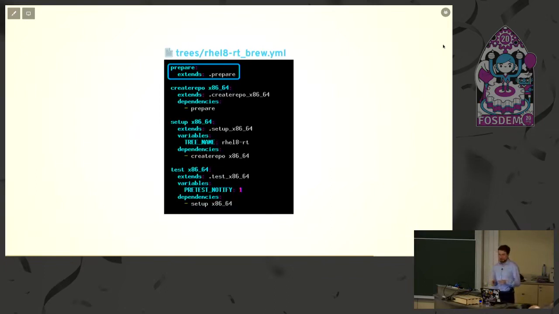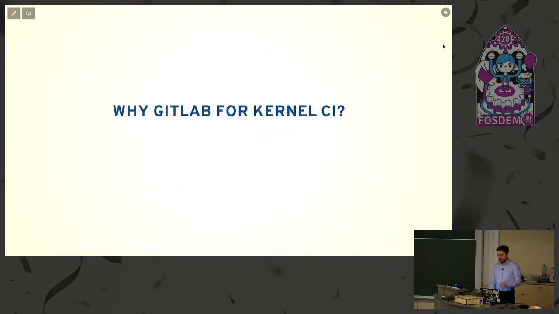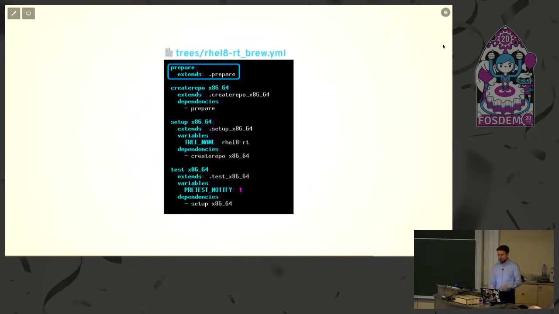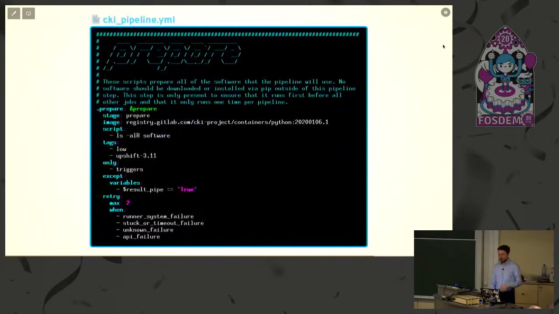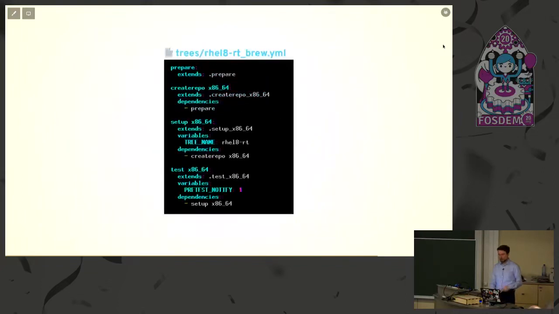This is our shortest pipeline, and it says, okay, pick those 4 stages from the pipeline, and we have 10 maybe or more. And this says, okay, pick this prepare step where we download all the stuff for the execution, all the dependencies, and this is the prepare, and this is stage prepare. And this one we say, okay, again, pick this create repo x86_64 and extend it.